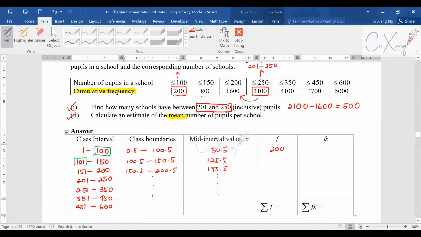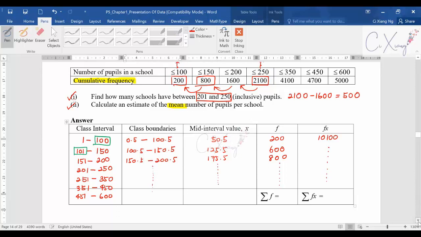To get the next class frequency, you take 800 minus the previous one. That's why I told you to get back the frequency from cumulative, you need to minus. So you take 800 minus 200, then you get 600. Then 1600 minus 800, you get 800, and so on until you get the frequency for the last class. Okay, and after that, for the fx, you just multiply them. So 10100 and so on.